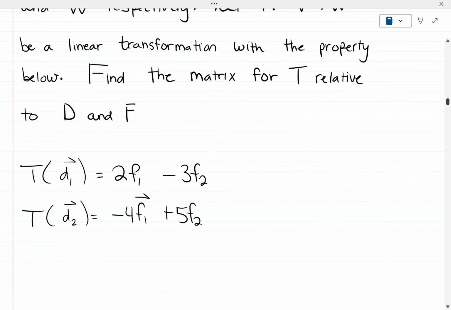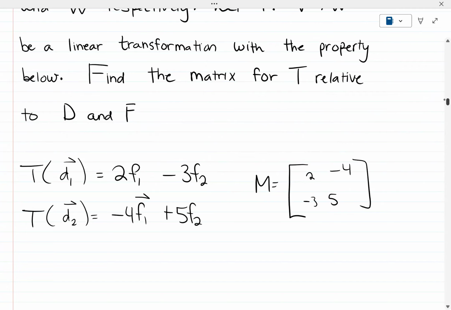So your answer is going to be: my M is the matrix with columns 2, negative 3 and negative 4, 5.